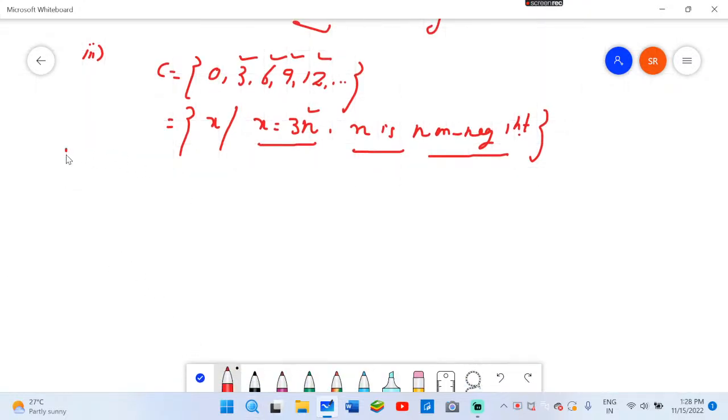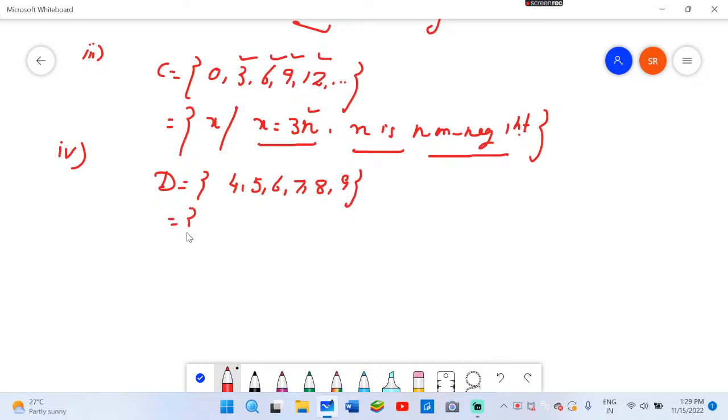See part 4. D. It is 4, 5, 6, 7, 8, 9. These are simply natural numbers more than 3 and less than 10.